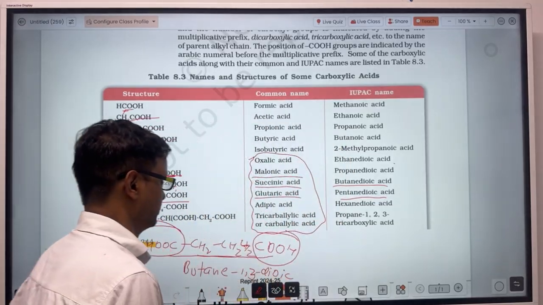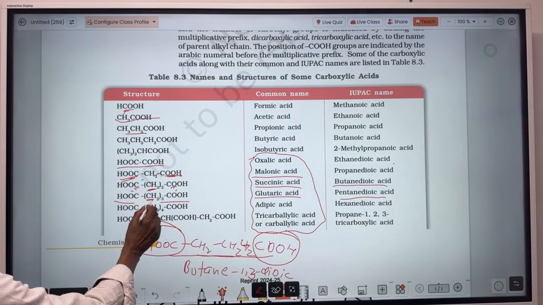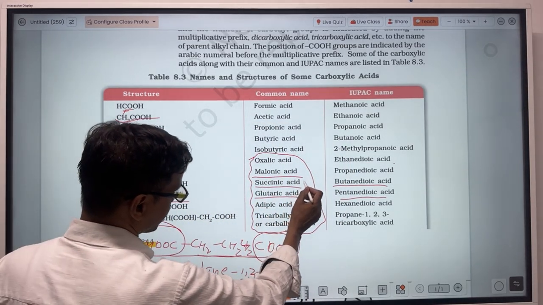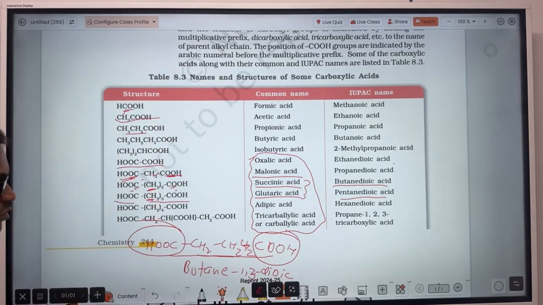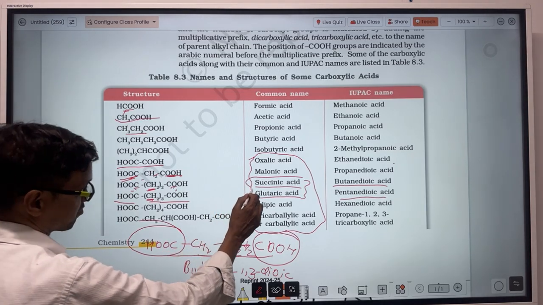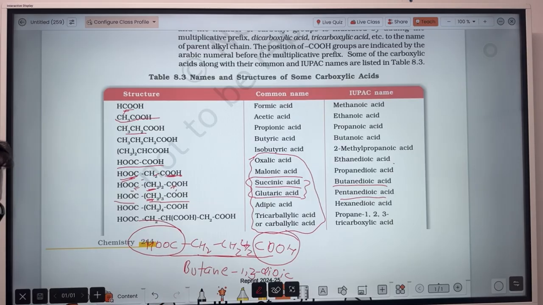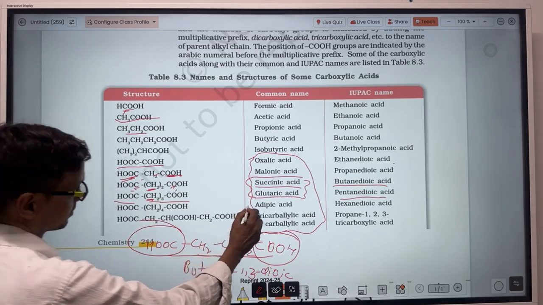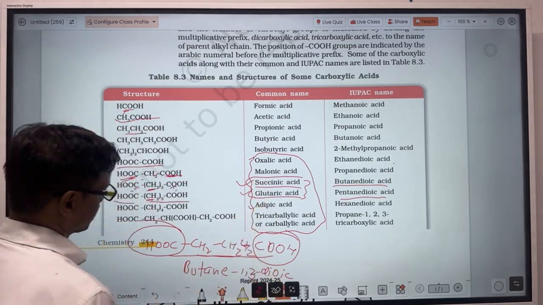So that will remain in your mind. Succinic acid and glutaric acid are too important for students preparing for the NEET examination. Very important. Yes, adipic acid is also important, but these two are quite important.